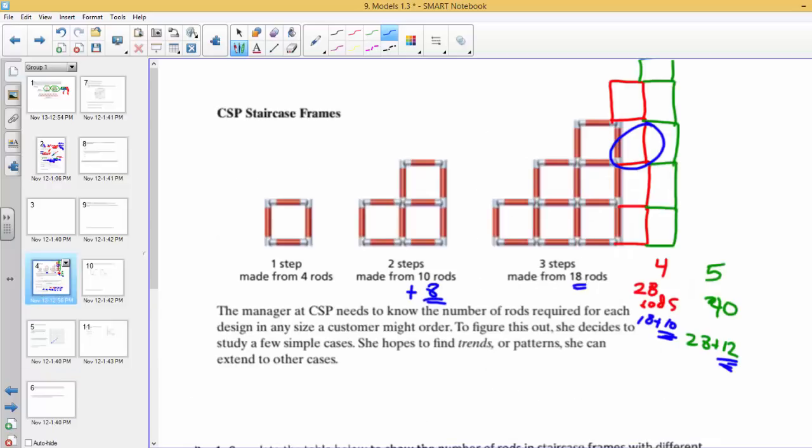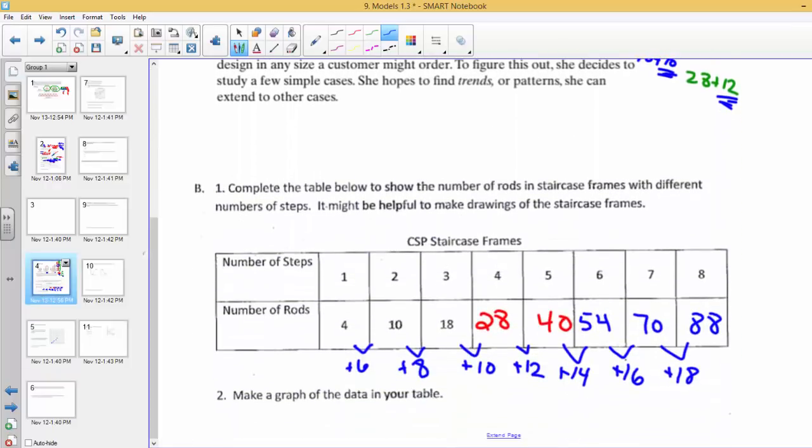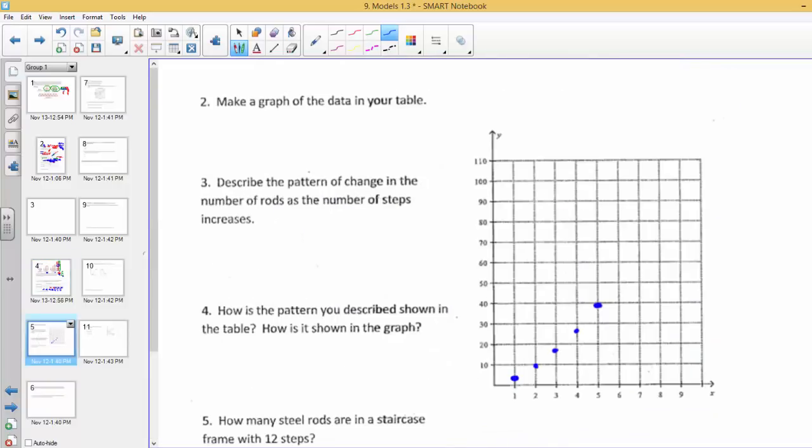We're going to have to put the labels on in just a minute. And then 6 is 54, 70, 88. So 6 is 54, 7 is 70, 8 is 88.